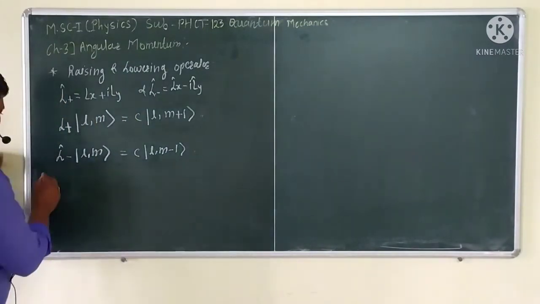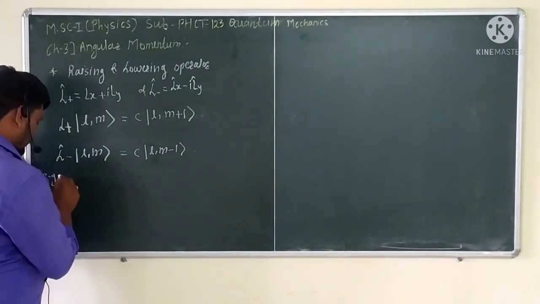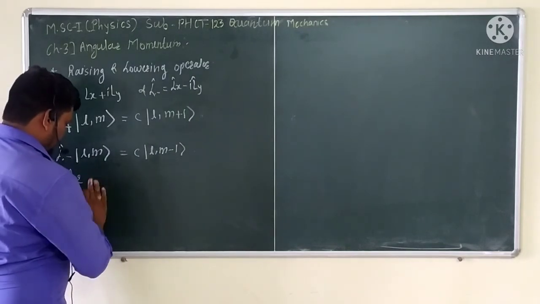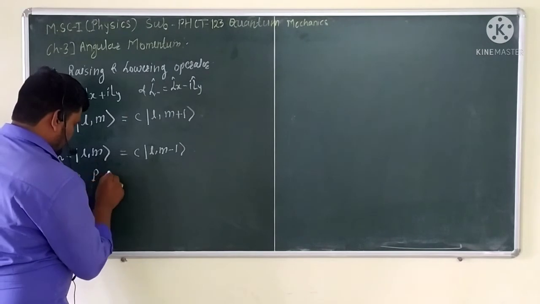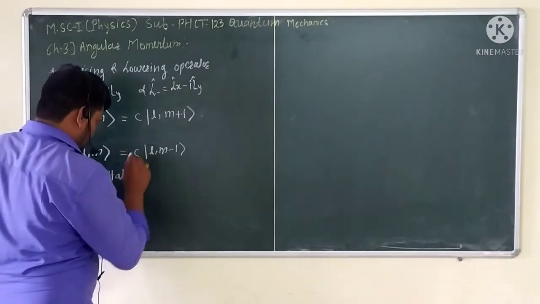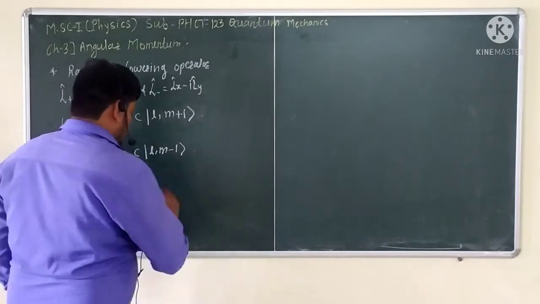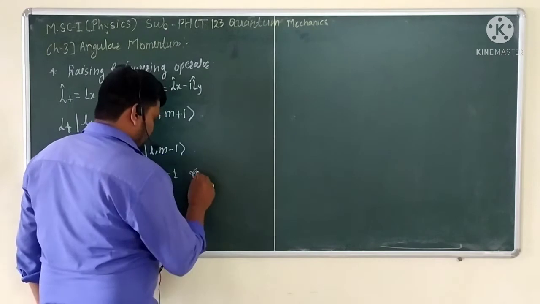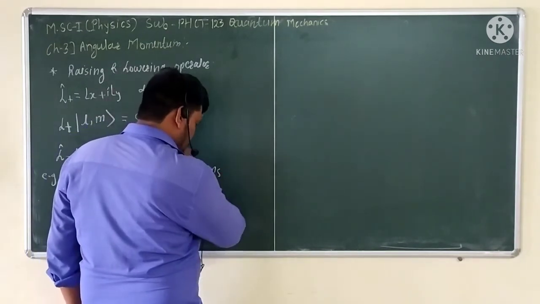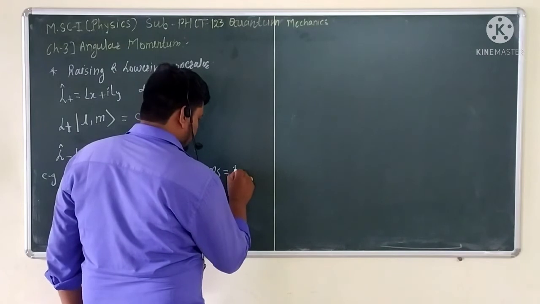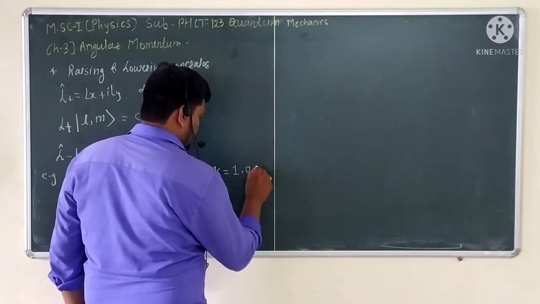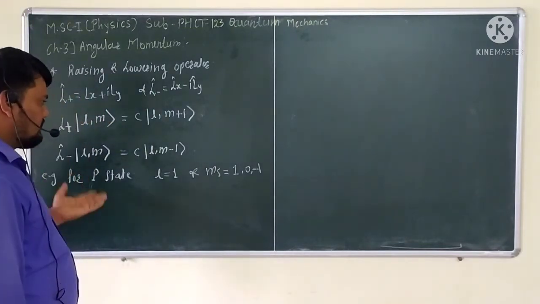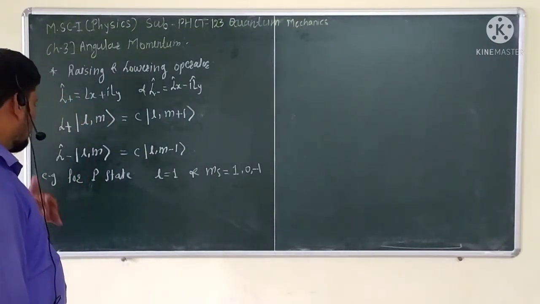In the p state, for the orbital angular momentum L equal to 1, the spin orientation m is considered as 1, 0 and minus 1.